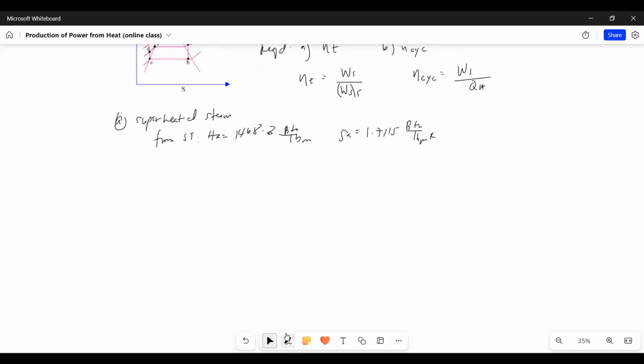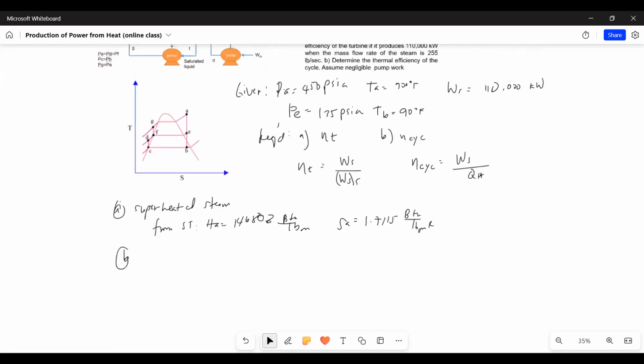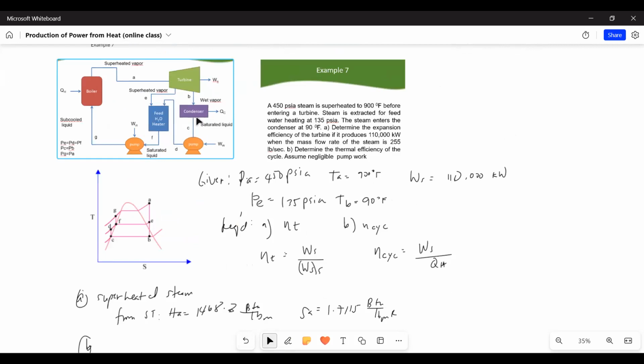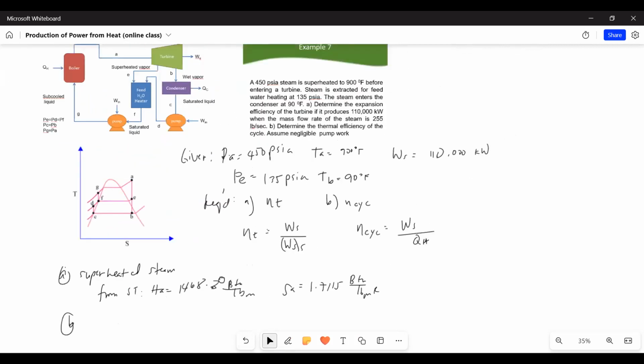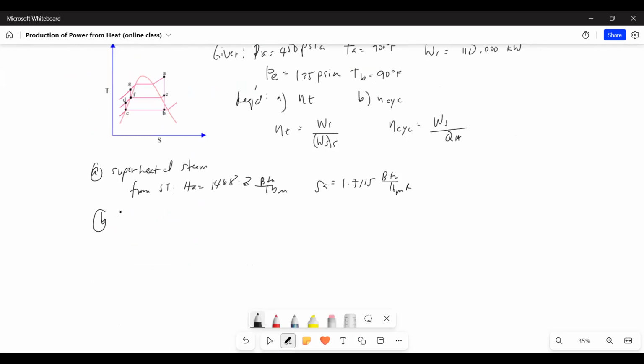And then at point B, it's wet steam. So it's fully expanded. At point B, full expansion from the turbine and at the inlet of the condenser, it's wet steam. From the steam table, we know the PB is given, right? TB is given, 90 degrees Fahrenheit.